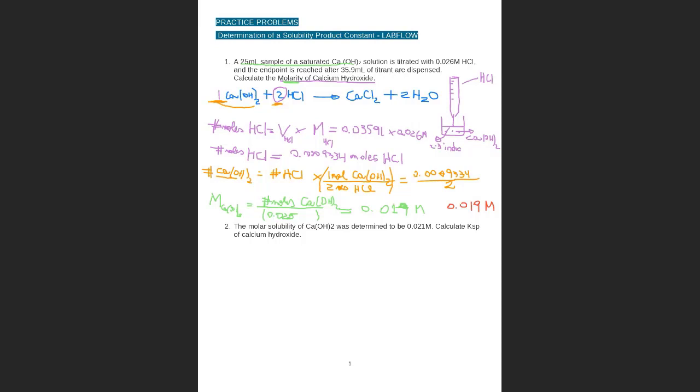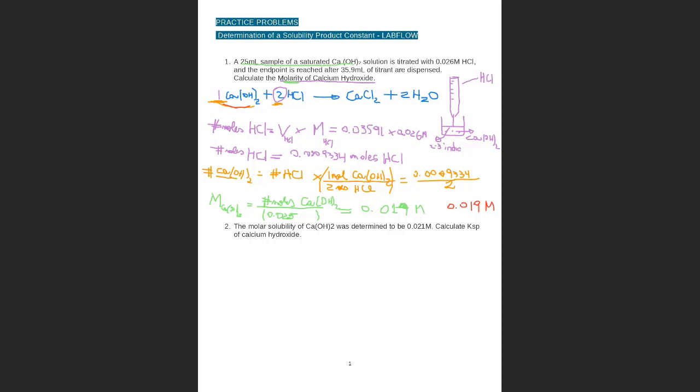Any questions there? Because most of them are going to be similar. So when you have a titration, always calculate the moles of the titrant. Then with the molar ratio, you calculate the moles of the unknown solution. And then from there, yes, Alonso, it's possible.